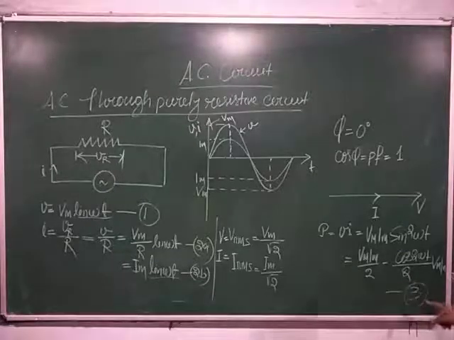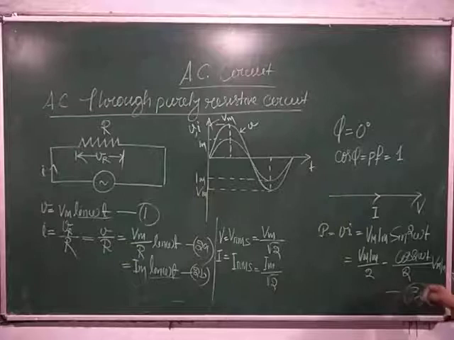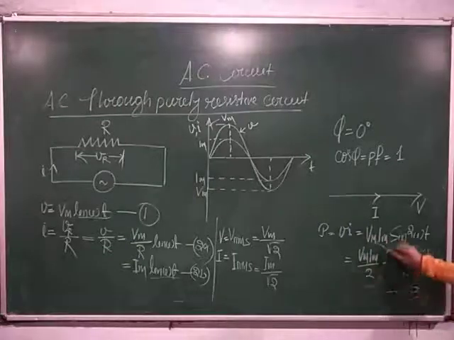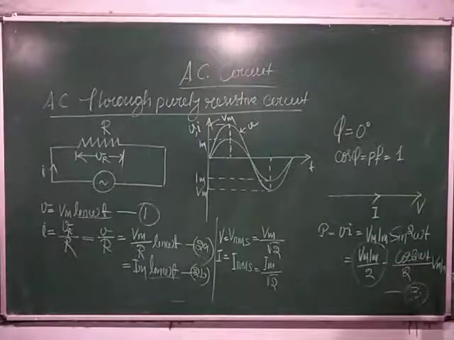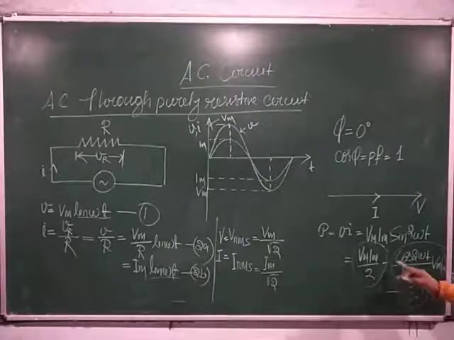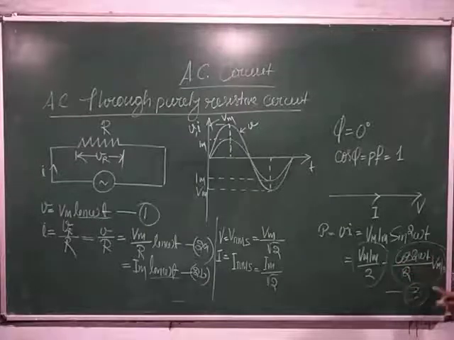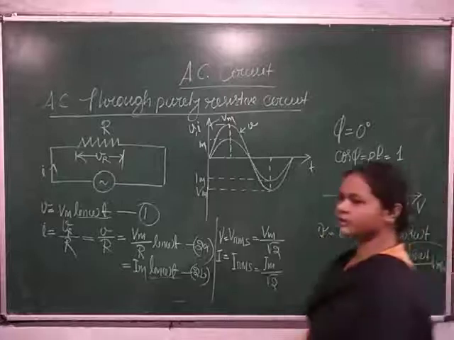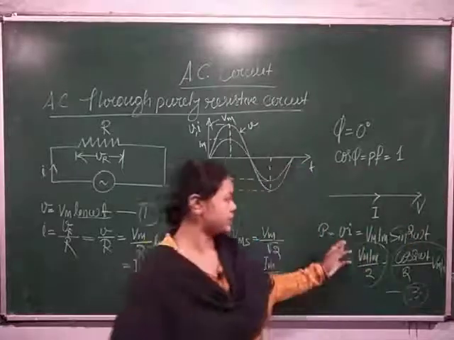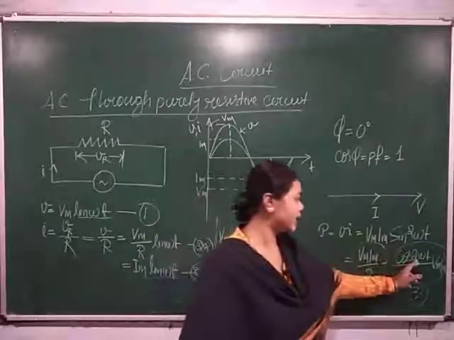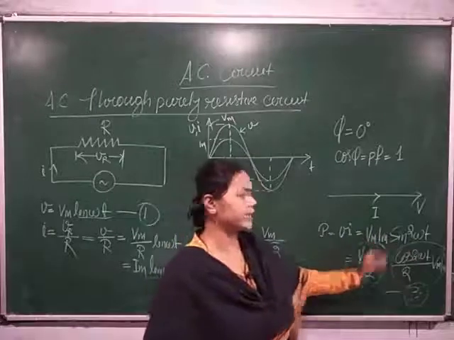From equation number 3, it is clear that this is the real part, Vm Im by 2, and the second part shows that the frequency of power is double that of the voltage and current waveform.